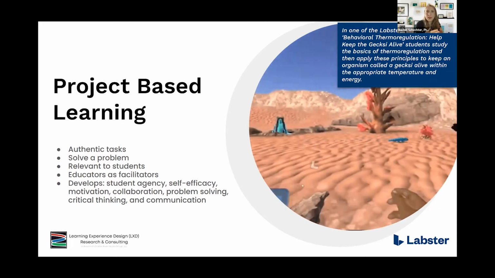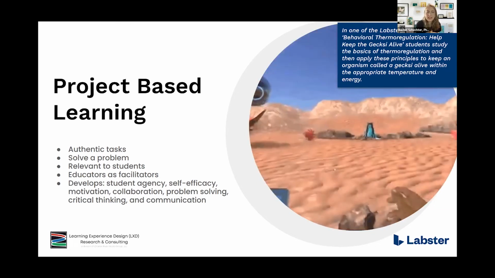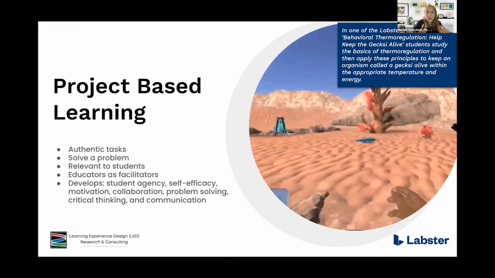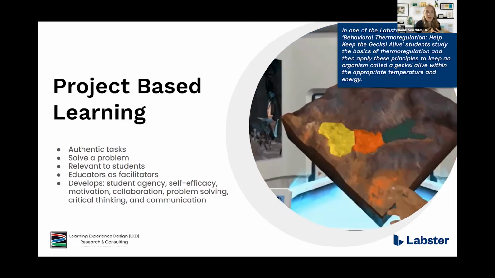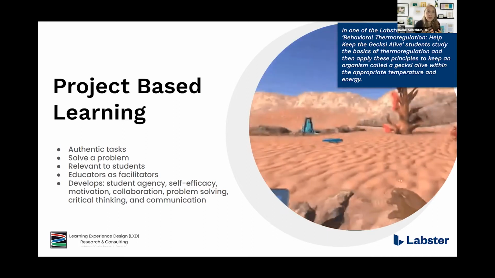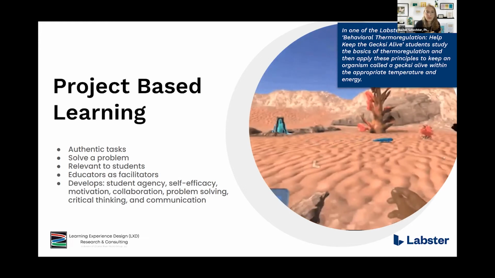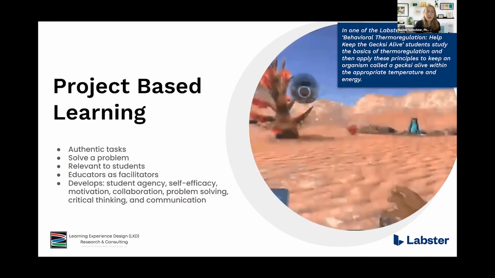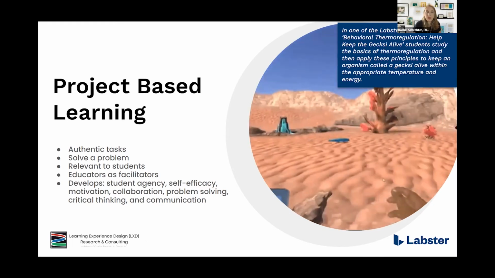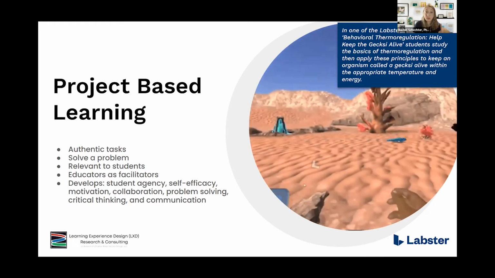So another pillar of motivation is competence, that you feel like you can do it, that you know that you can do it, that you have the agency, the choice, right? The control of your learning is incredibly motivating. And then collaboration is just really critical to problem solving, because of having diverse perspectives, right?